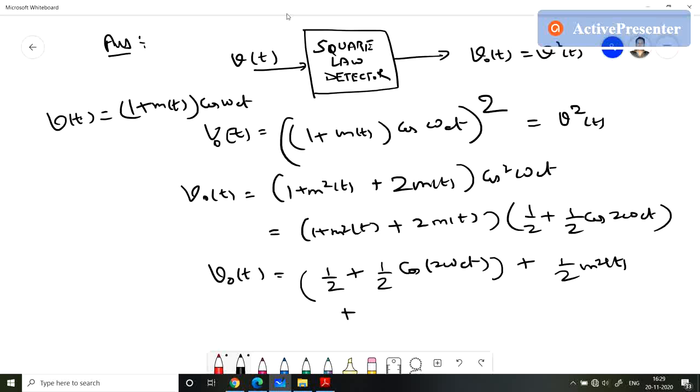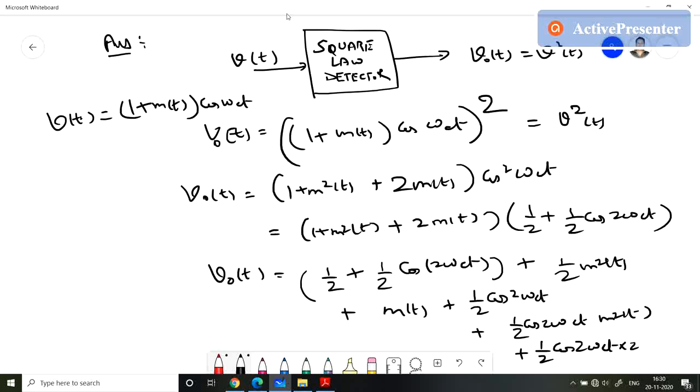plus m(t) plus 1 by 2 cos 2 omega ct plus 1 by 2 cos 2 omega ct multiplied by m square (t) plus 1 by 2 cos 2 omega ct multiplied by 2 m(t).